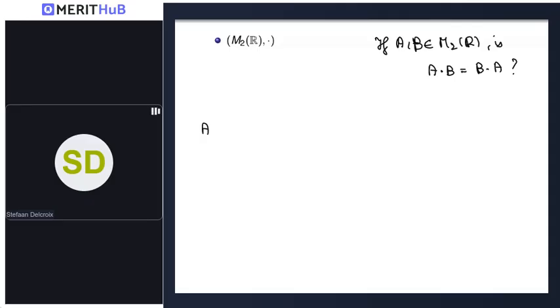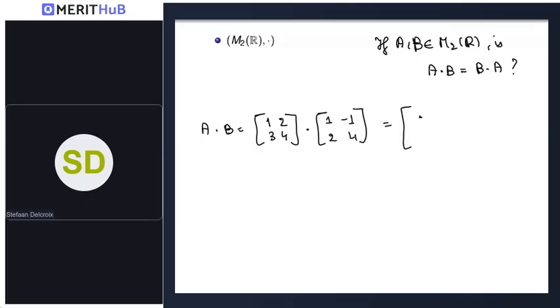Suppose that A times B, A is the matrix 1, 2, 3, 4, and B is the matrix 1, negative 1, 2, 4. Can you tell me the entry first row, first column in this product?